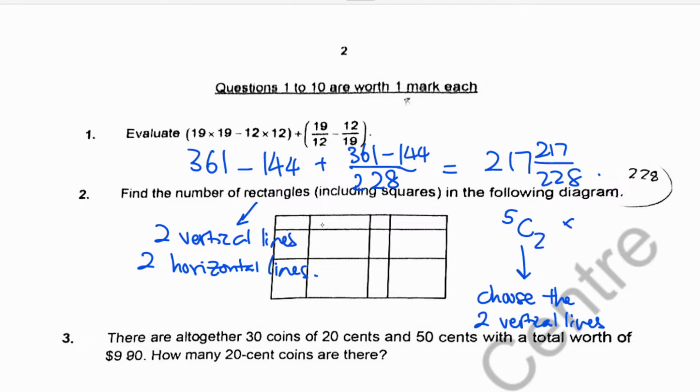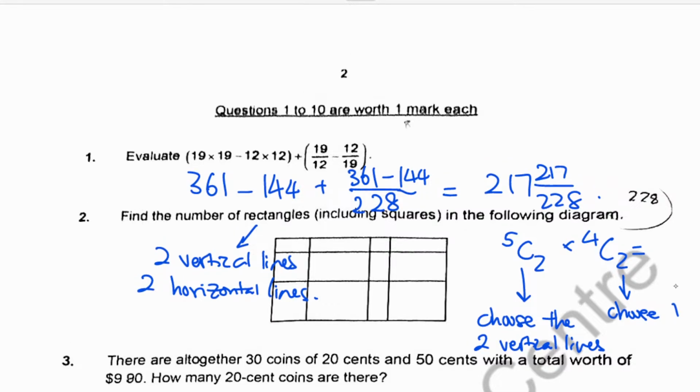How many horizontal lines are there? There are 4 of them, so 4 choose 2 to choose the two horizontal lines. So this will be 10 times 6, which is equal to 60.